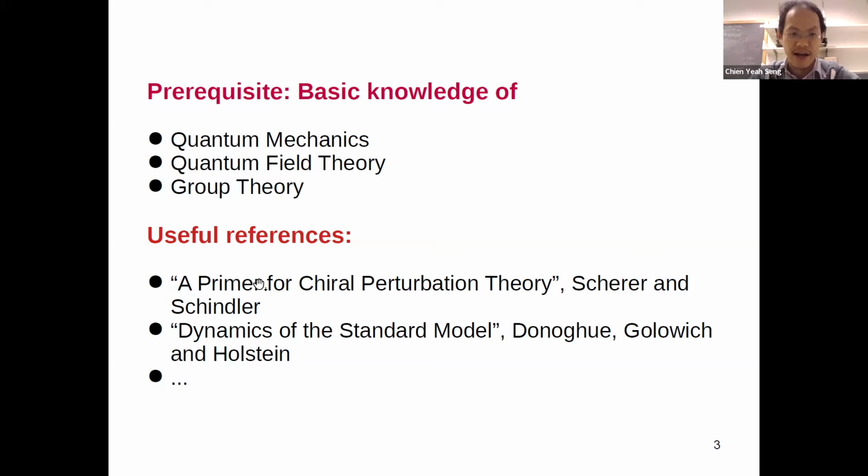The one I particularly recommend is A Primer for Chiral Perturbation Theory, written by Scherer and Schindler, which is one of the standard texts to study chiral perturbation theory. I also recommend Dynamics of the Standard Model, written by Donoghue, Golowich, and Holstein. Although this book is not just about chiral perturbation theory, it has a few sections about it in the section on effective field theory, which explain several key concepts related to chiral perturbation theory very well.